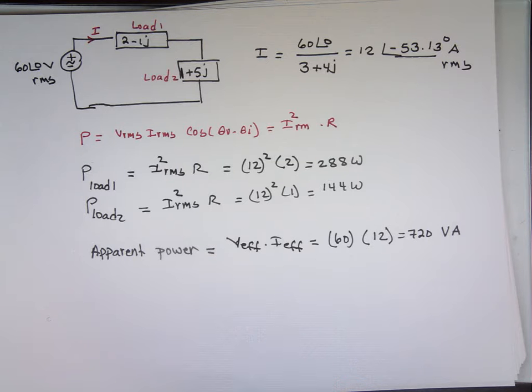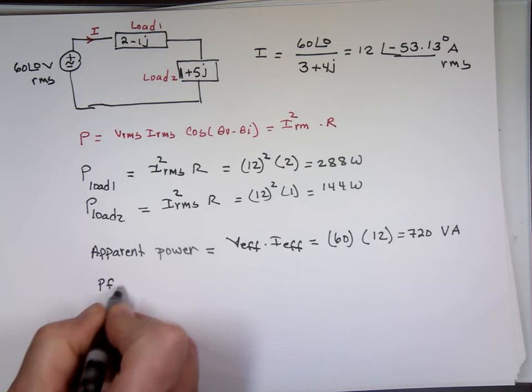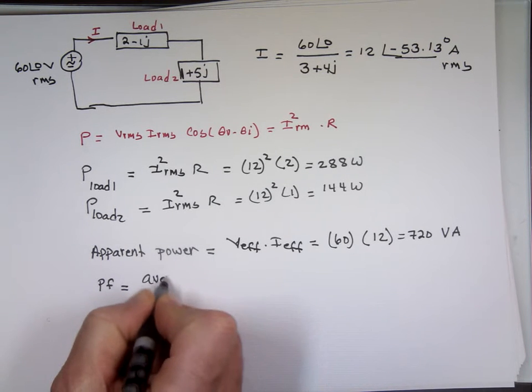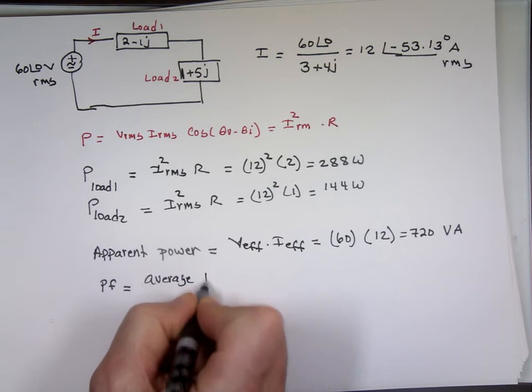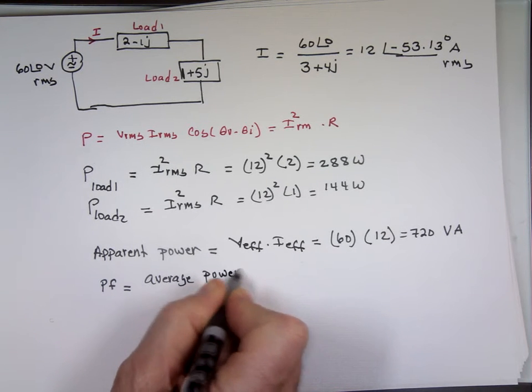Let's see if we can calculate the power factor. We didn't ask for it, but while I'm at it, let's calculate the power factor for the whole system here. The power factor is the average power over the apparent power.